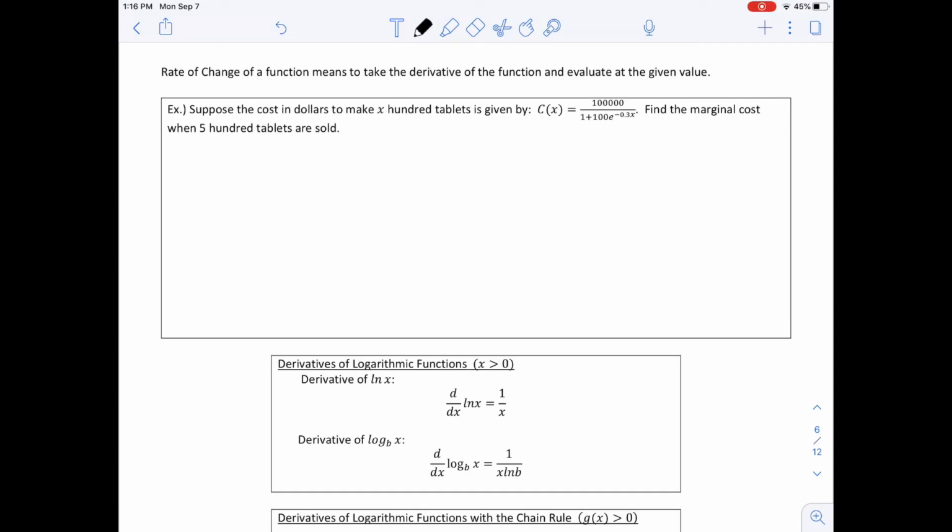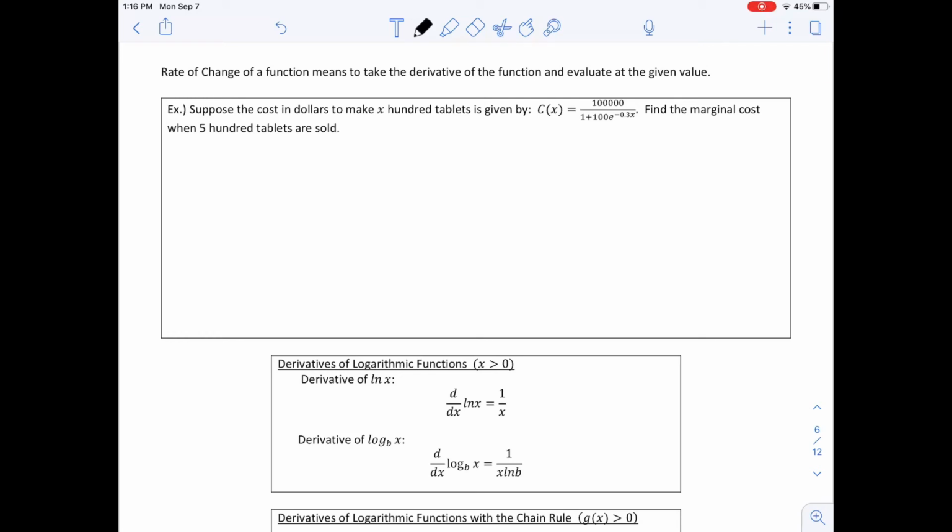Next we have rate of change of a function means to take the derivative of the function and evaluate at the given value. So the example right below that says, suppose the cost in dollars to make 100 tables is given by C of x equals 100,000 divided by 1 plus 100 e to the negative 0.3x.